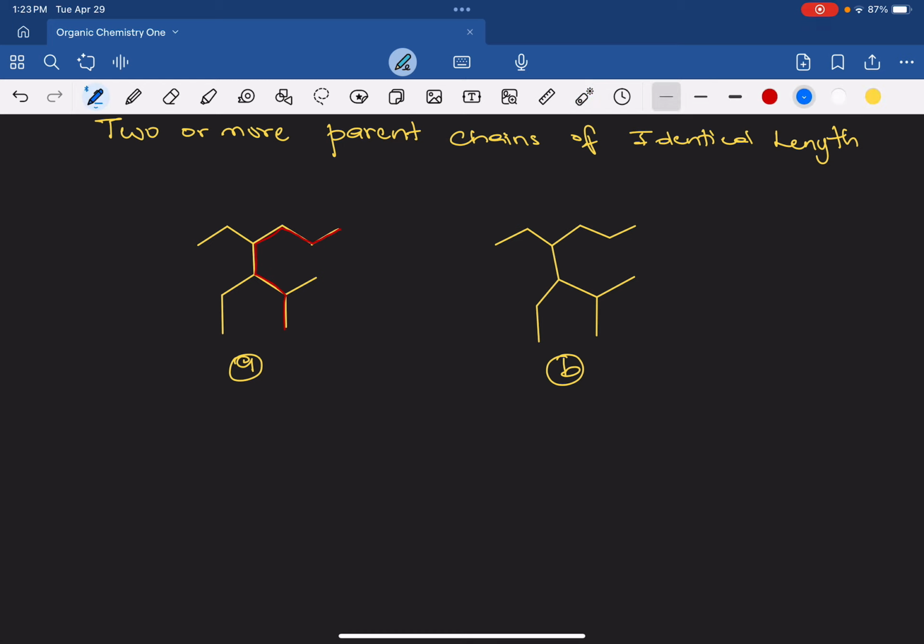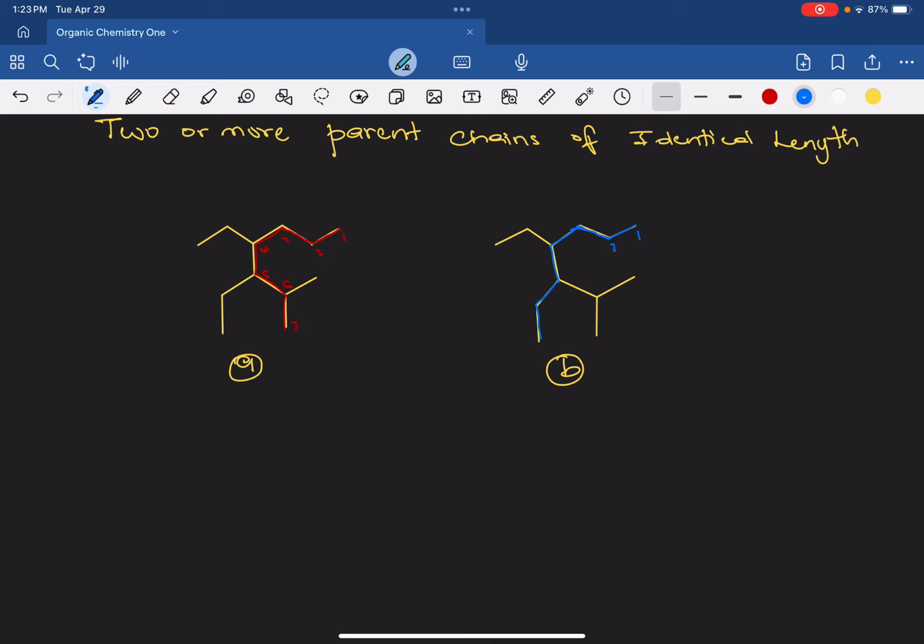Let's identify the other long chain that is in the same molecule, and I'm going to use blue to identify the second long chain. And remember, the long chains are of identical length. So over here, this was 1, 2, 3, 4, 5, 6, 7.